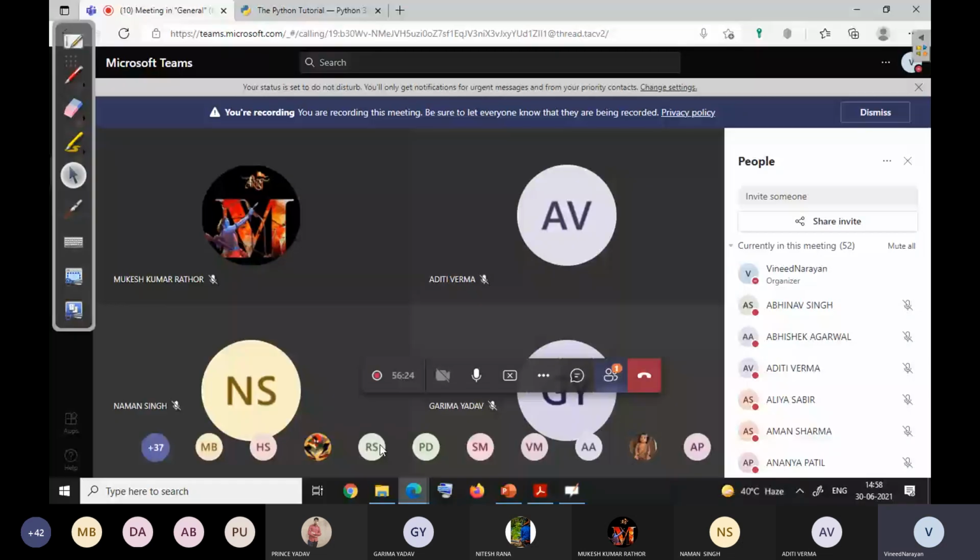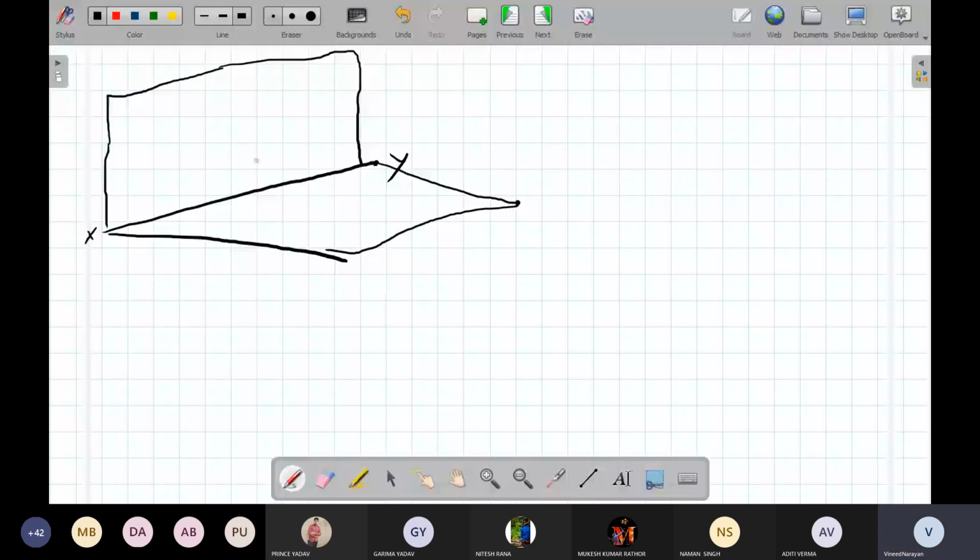Now let's take a line which is inclined only to the horizontal plane but not inclined to the vertical plane. It's parallel to the vertical plane. So its one point is here. It is inclined to the horizontal plane, so the angle of inclination is this one.